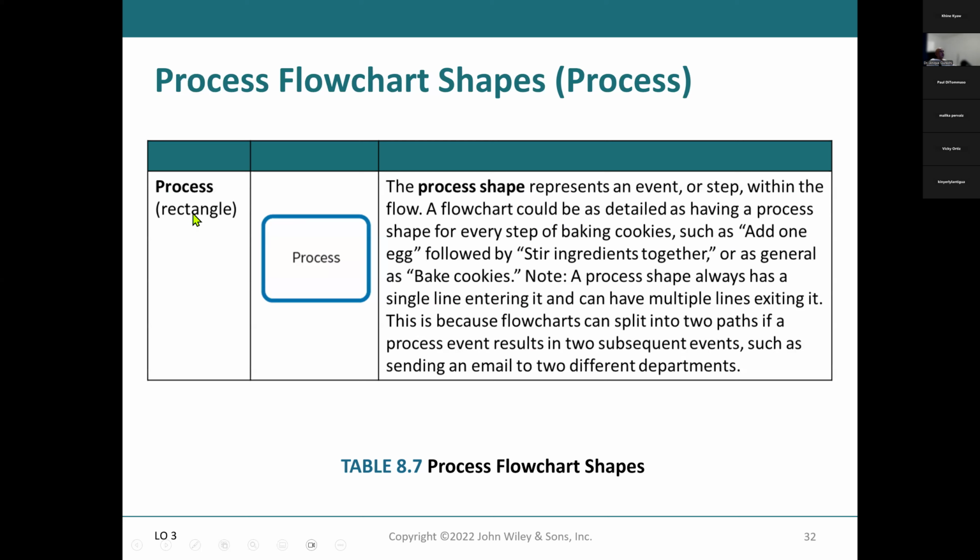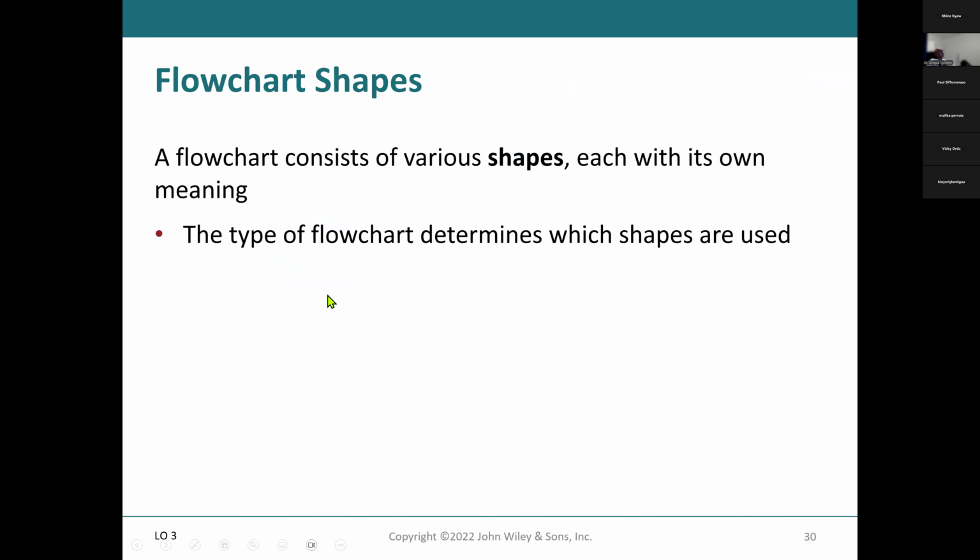Next, a process. The process shape represents an event or a step within the flow. A flowchart could be as detailed as having a process shape for every step of baking cookies, etc., or at a broader level. A process shape always has a single line entering it and can have multiple lines exiting it, because a process could be split into two or more parts.